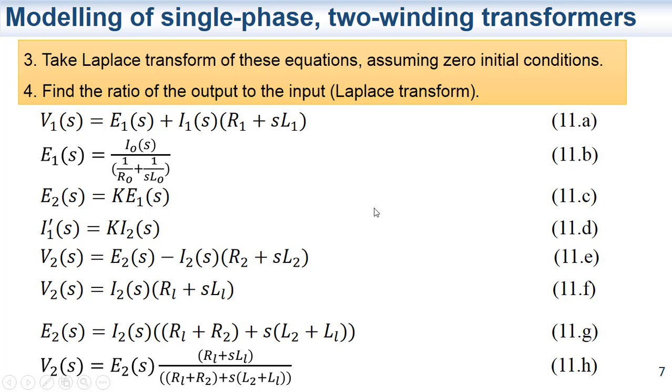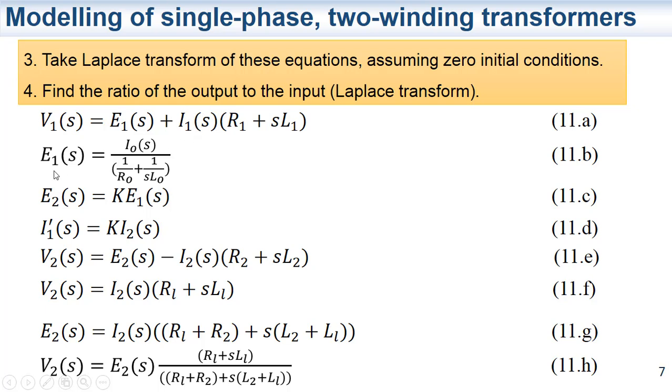So if we take the Laplace transform of the previously presented equations, rearranging them in terms of the applied voltage at the secondary as an output, we'll get the set of equations presented here. If we really look at these equations, in equation 11a we are relating primary current and mutual inductance to the supply voltage, and in the second equation we are relating no load current, which is part of the primary current.